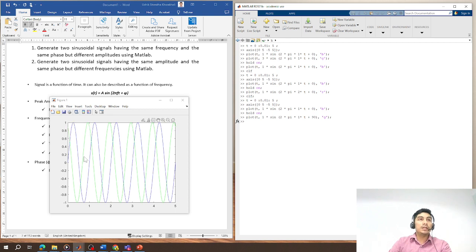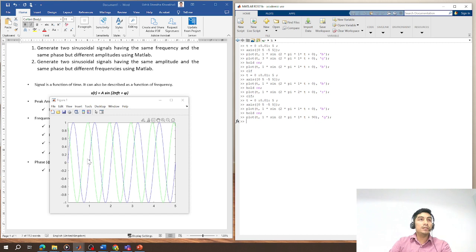For example, if you look at this, see the green already started at this point, but the blue is after a certain time. It started only at 1, right? But the green already started before 1. So this means the green signal is ahead of the blue signal, which means the blue signal lags behind the green wave.